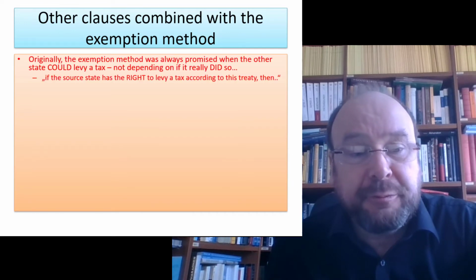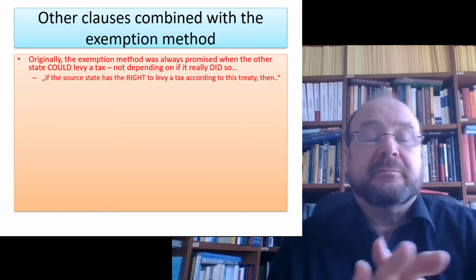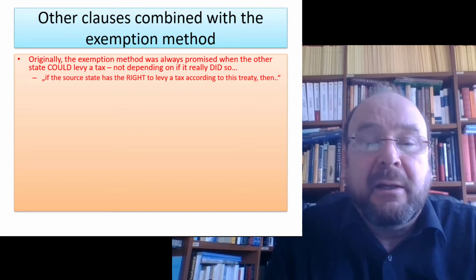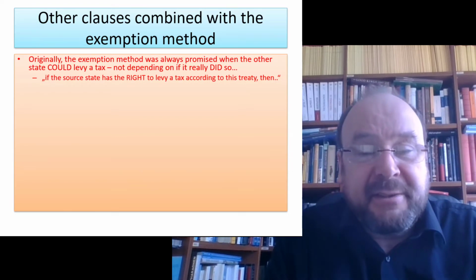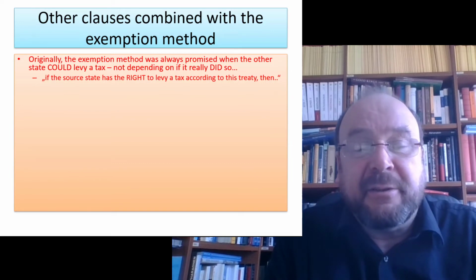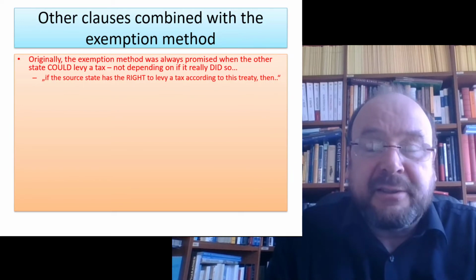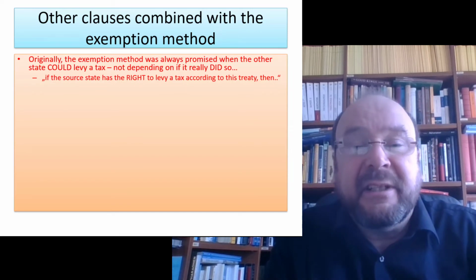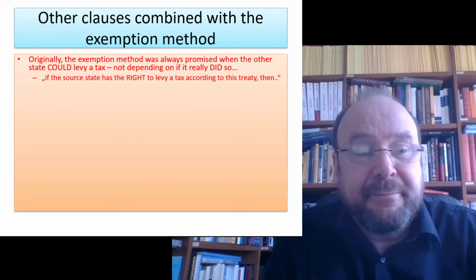Then, originally, we had the exemption method promised always when the other state could levy a tax. So it did not depend on whether the other state really did levy a tax.